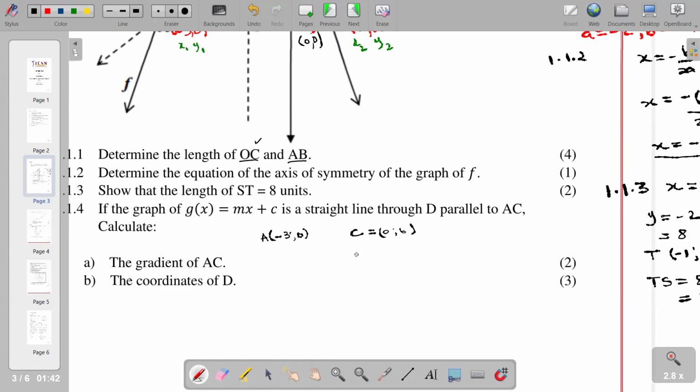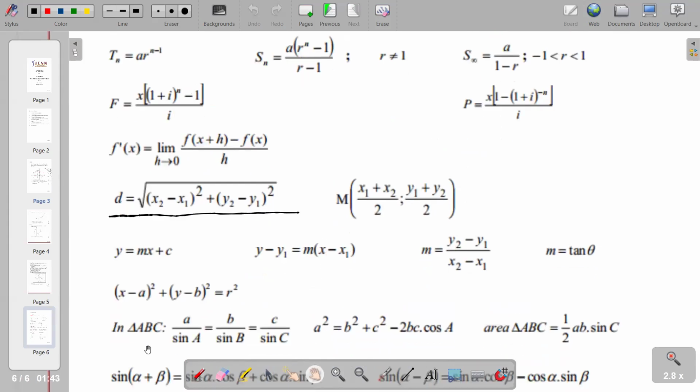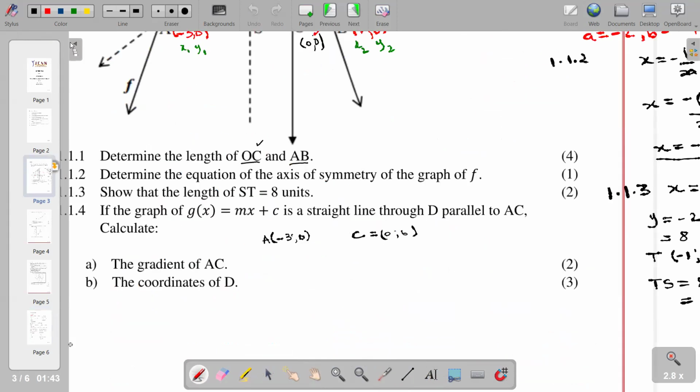To get this gradient, we go to the formula sheet and choose the formula for gradient. Since we have two points, here is the formula we have to use. Copy that formula and utilize it.